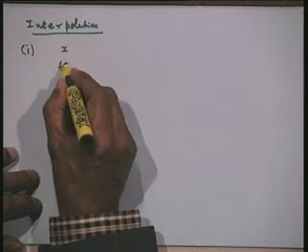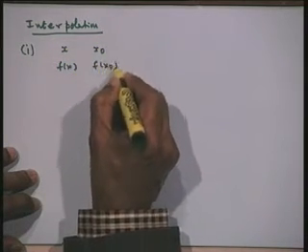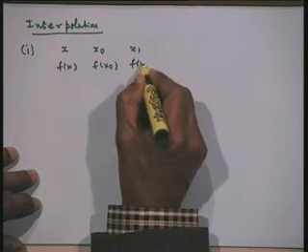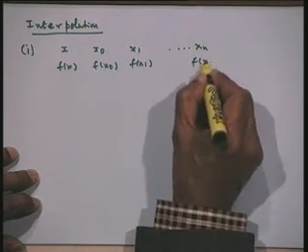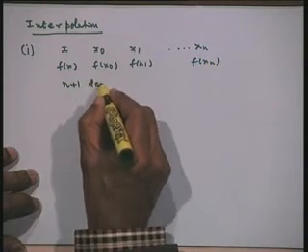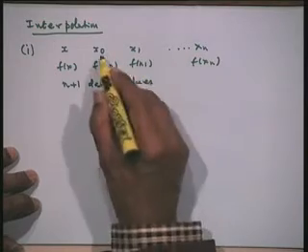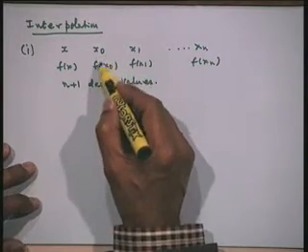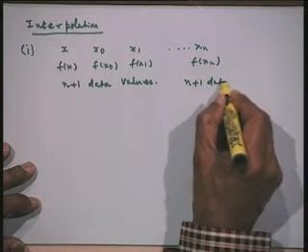We are given x, f(x): x0, f at x0; x1, f at x1; and so on up to xn, f at xn. Therefore, we are given n plus 1 data values. We could also call each a point in the 2 dimensional plane, so we can also say n plus 1 data points are given.